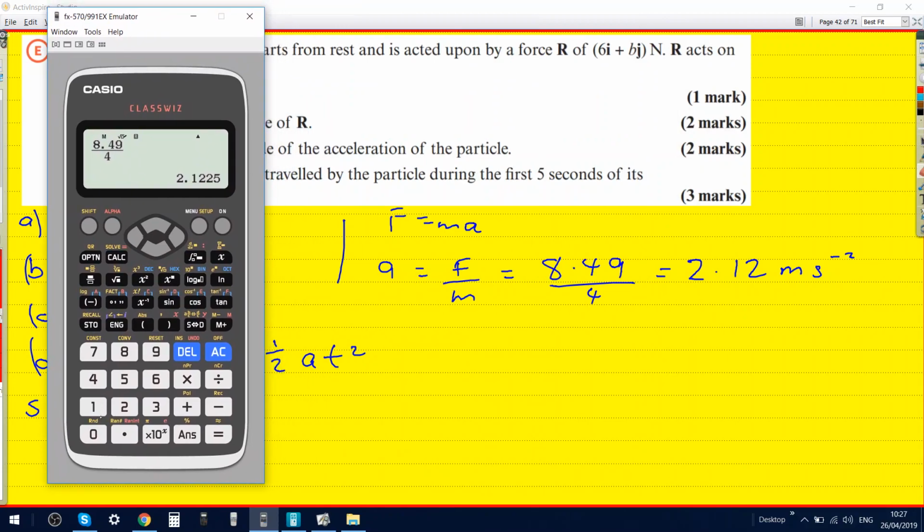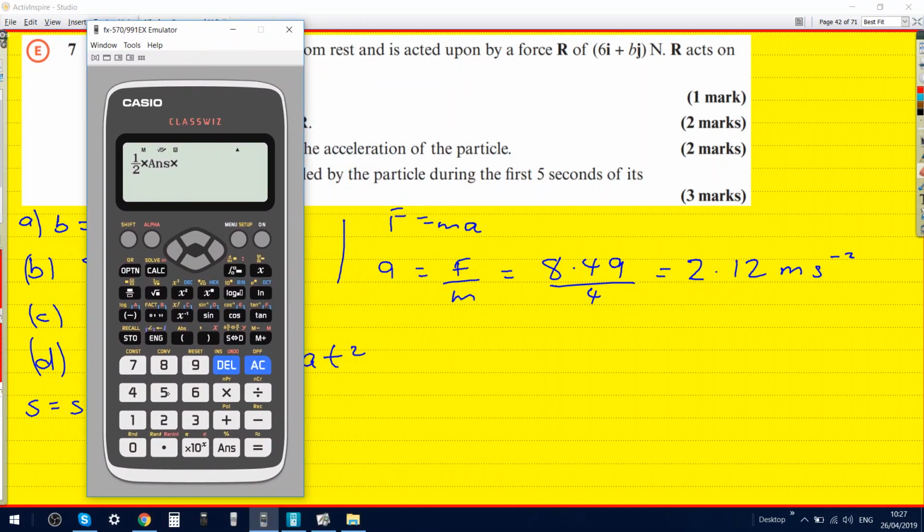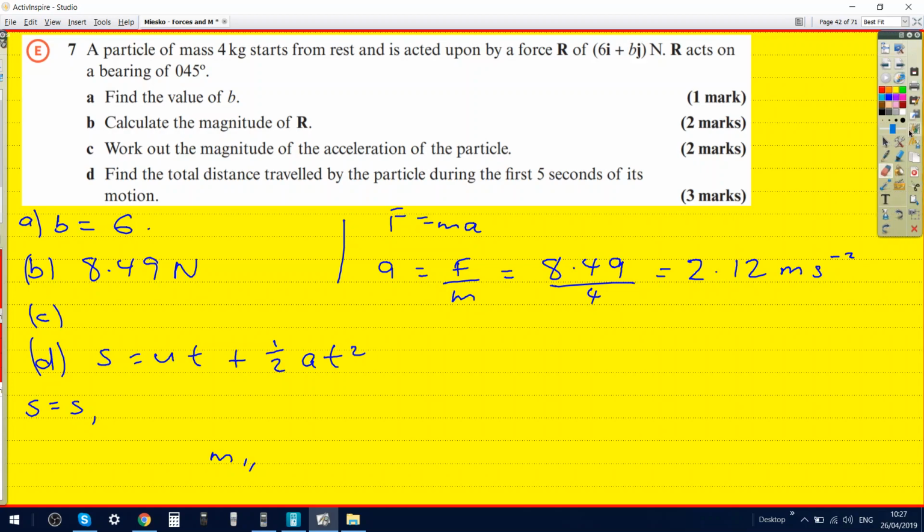So it's a half times answer times what was the time? 5 seconds. Squared. 26.5. So that's 26.5 meters.